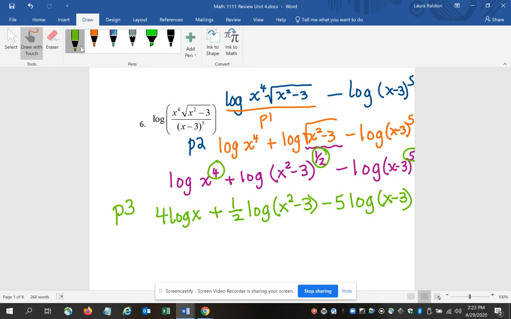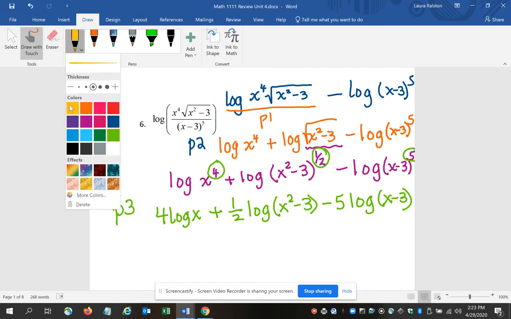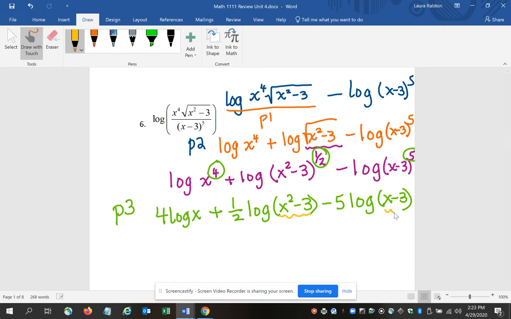Be careful, because sometimes students want to try to do something with this x squared minus 3 or the x minus 3. Remember in math class that when they're connected by a plus or minus sign, they're married, and you can't just separate them because you want to.